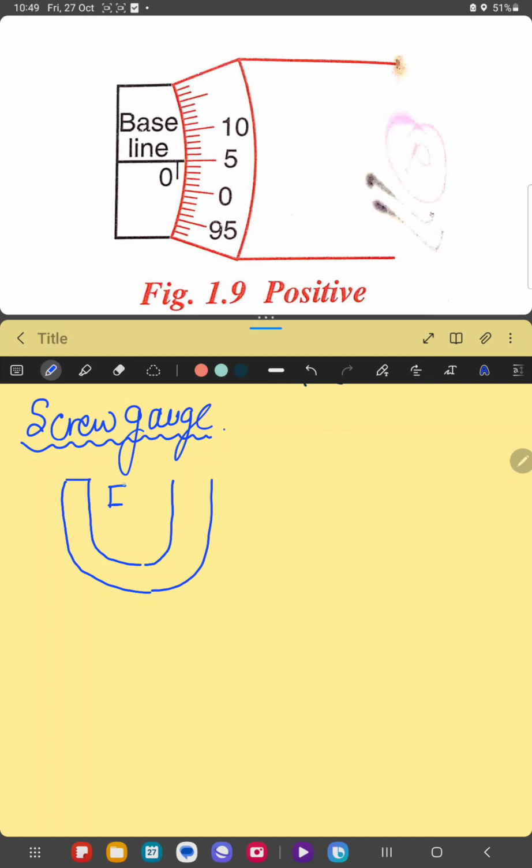There is one rod-type piece called the spindle, and it is attached to a scale where some reading is there.